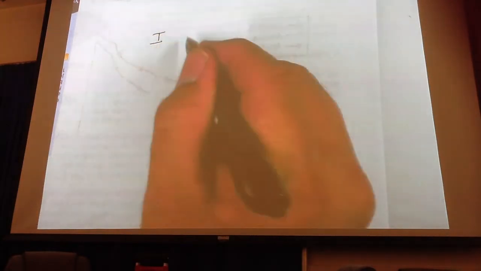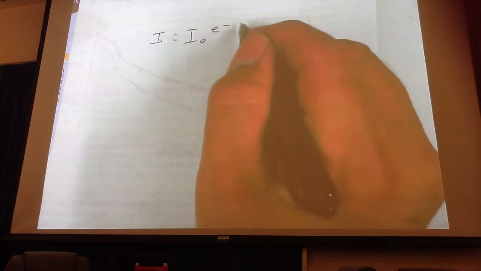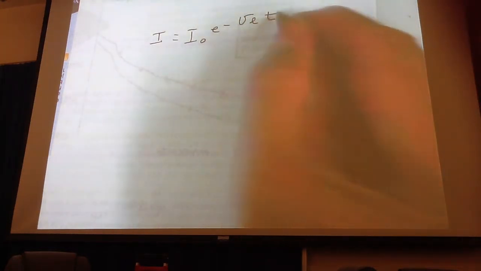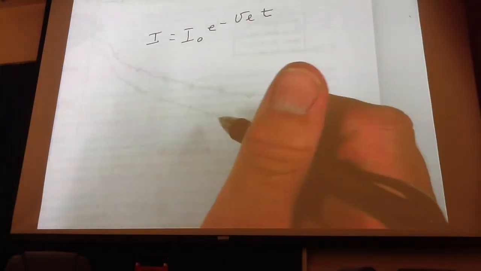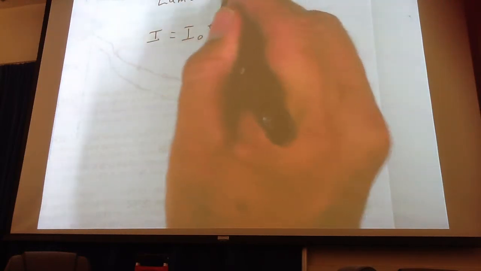Okay, the other thing about shielding that you all remember is this formula here. Okay, and what did you say that was? Lambert. Yeah, this is the Lambert-Beer, the Beer-Lambert law.